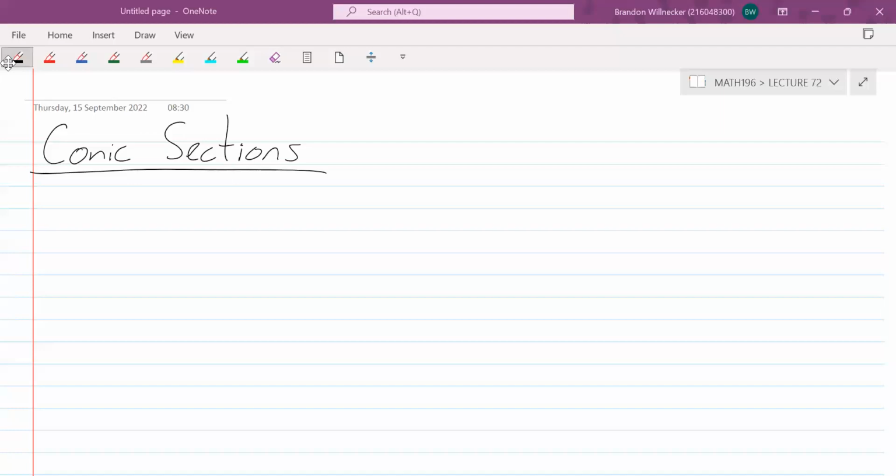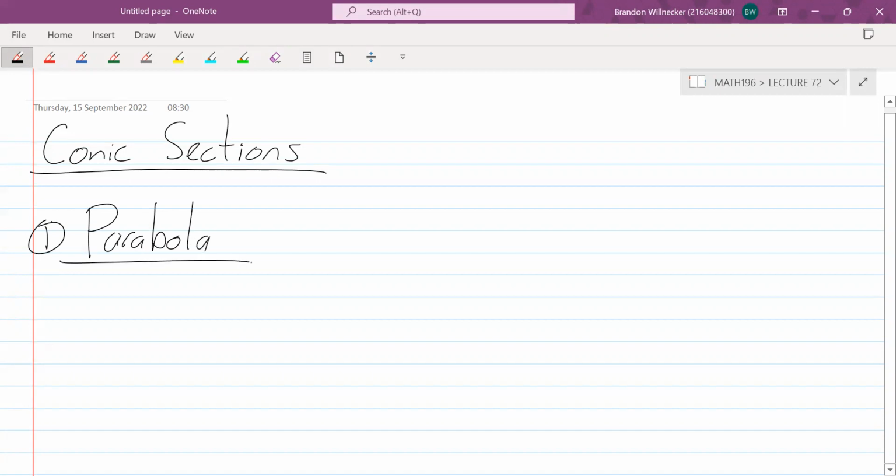So firstly, we're going to look at the parabola. We're all familiar with the Cartesian form, y equals x squared, or something similar to that. But here we're going to define the parabola a bit more geometrically.